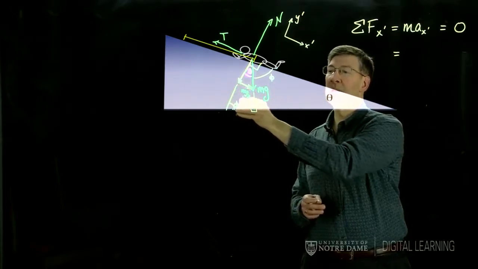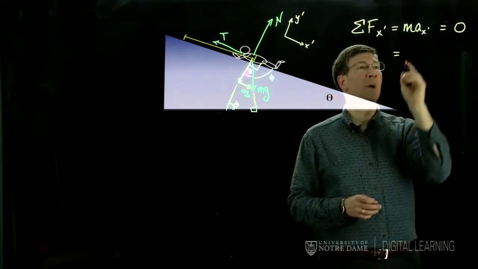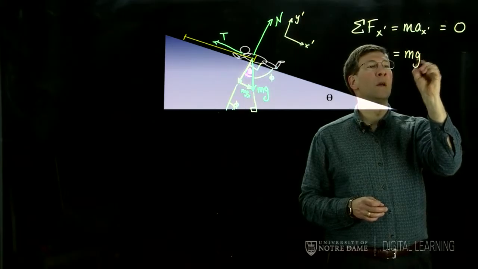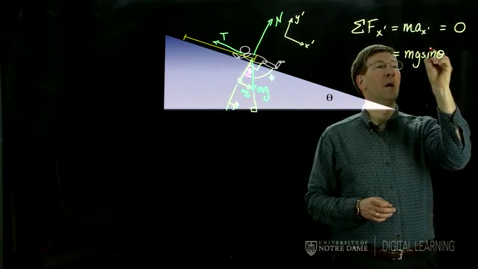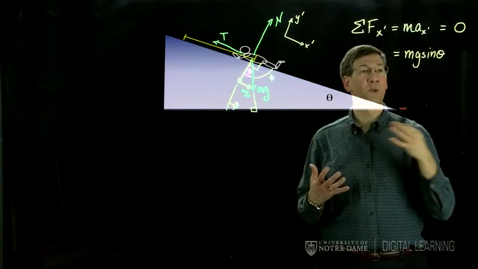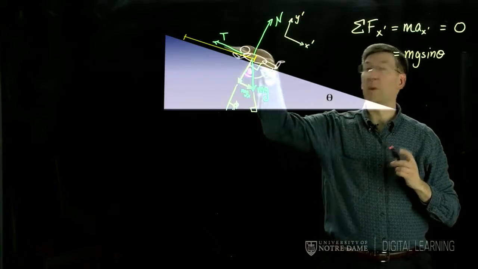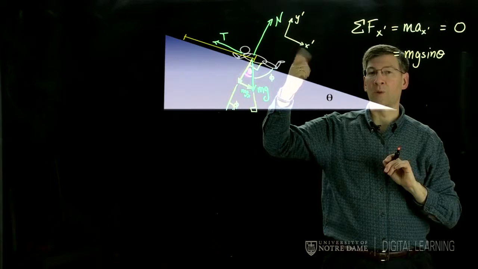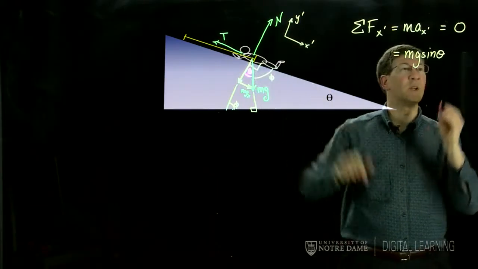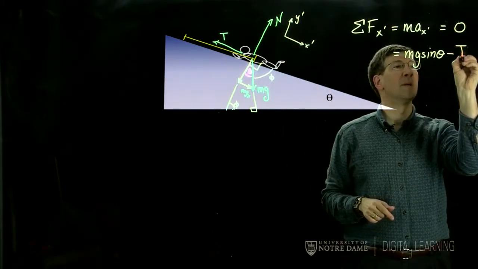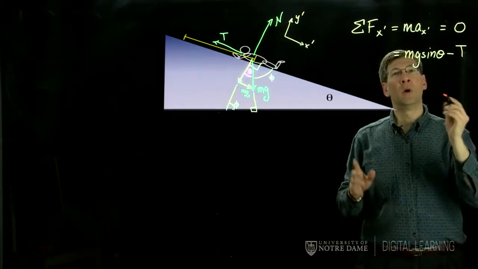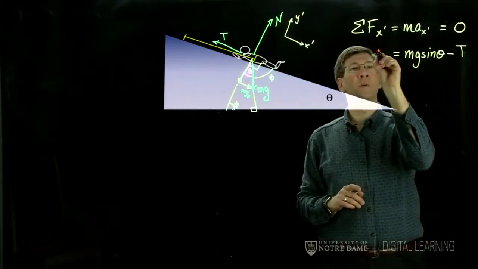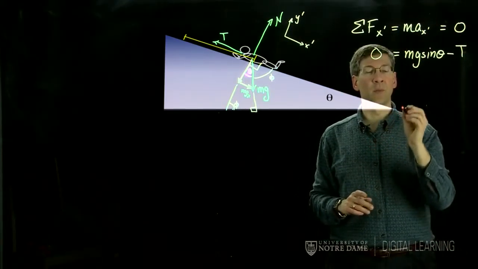So that gives me this piece here. So I have mg sine theta, and the other force along the slope is the tension. Since we chose this direction down here to be positive from the way I drew this coordinate system, then the tension is actually negative. So this is minus T. And so this whole sum is equal to 0 because there's no acceleration down the slope in this case.